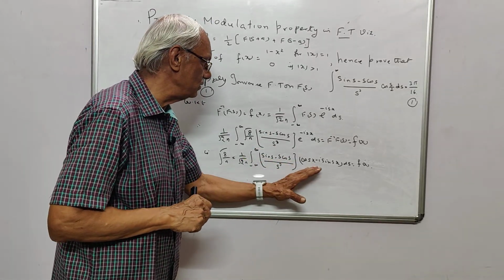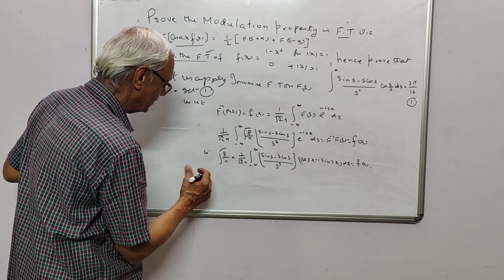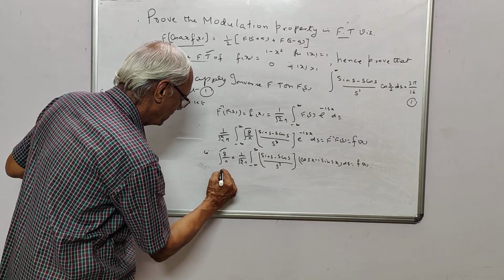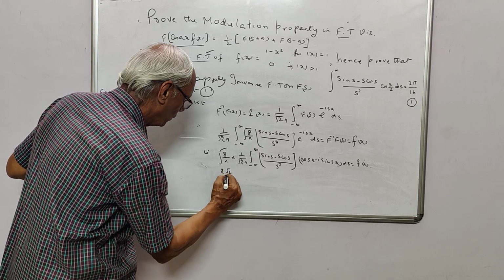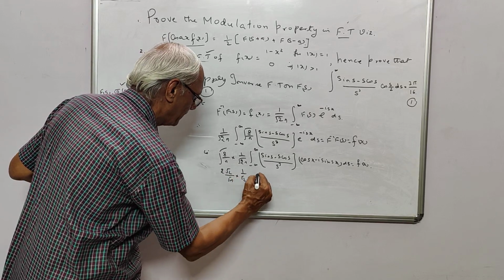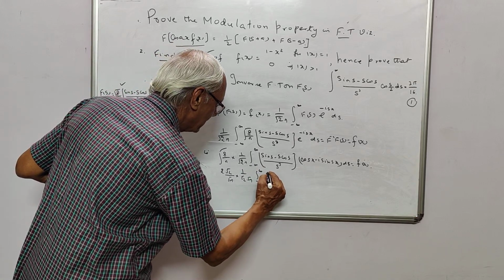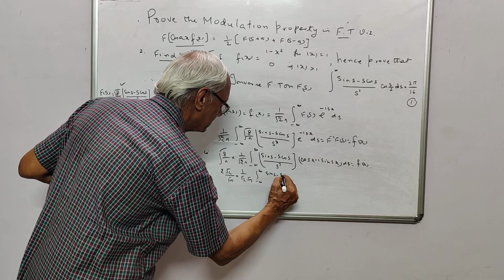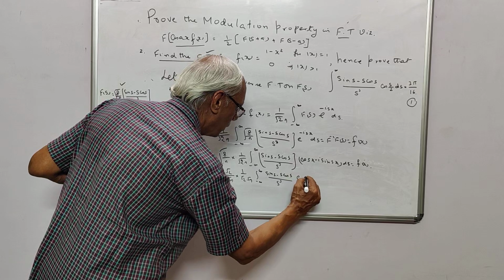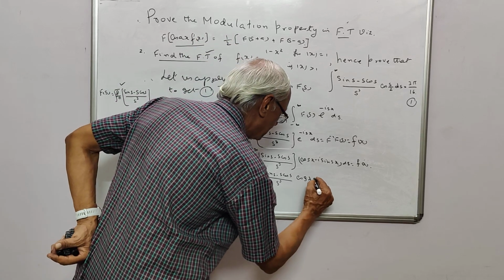Now you see that this can be split into two integrals. If you want, I can go for it. This is square root of 2, this is 2. Here, what is 8? 8 is 2 root 2. I'll write this: 2 root 2 divided by square root of pi into 1 by square root of 2 into square root of pi into the integral from minus infinity to plus infinity. Then this can be written as (sin s minus s cos s) divided by s cube into cos sx, I'll write fully like this, and it is ds.